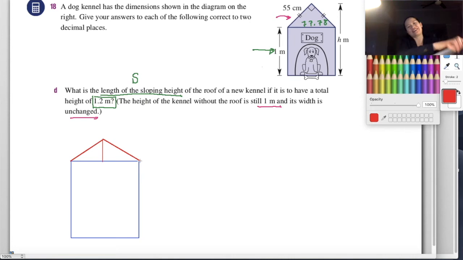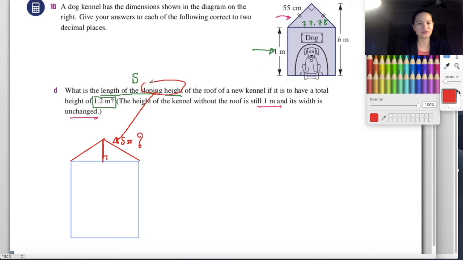You just follow me step by step. You can do it for sure. What do they tell you? They want you to find the new slope height, this one.